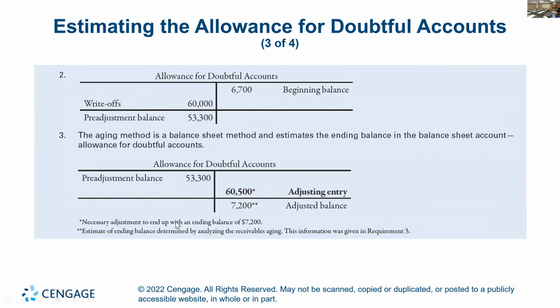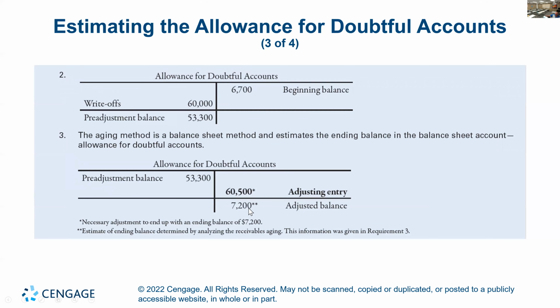Okay, so when they found by using the aging method, $7,200 is uncollectible, that then becomes, as we see down here, our ending balance in the allowance for doubtful accounts. So we calculated here that our pre-adjustment balance was 53,300 debit.